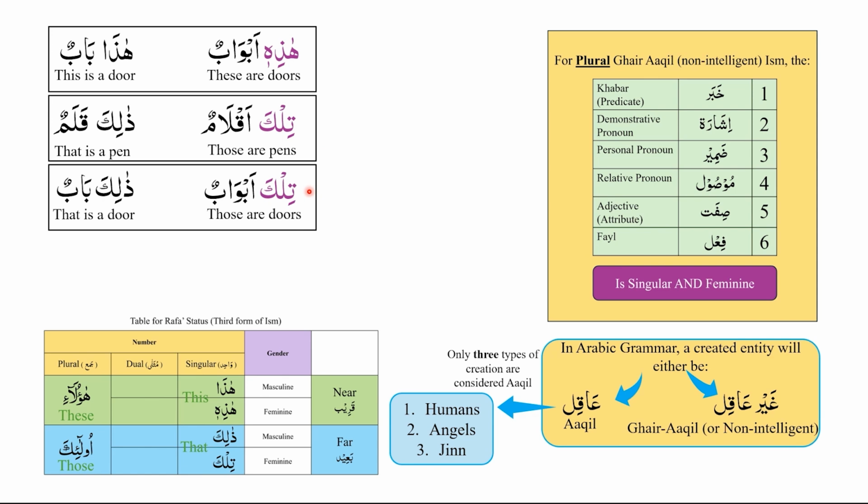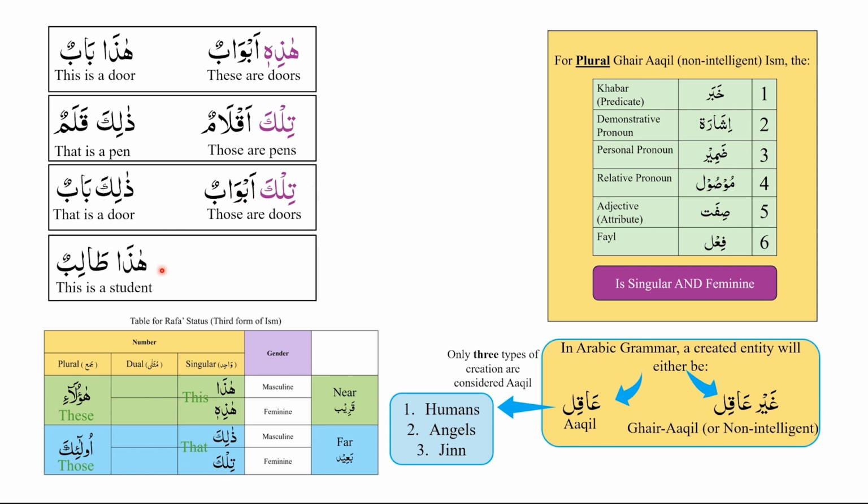Finally, haza talibun, this is a student. The plural will be these are students. Please note that the plural of talib is tullabun, but tullabun is the plural of an aqil ism. Tullabun is not the plural of a ghair aqil ism.